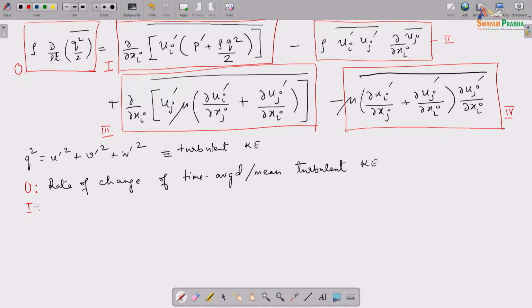The next one is 1. What is that? It is the convective diffusion of turbulent energy.